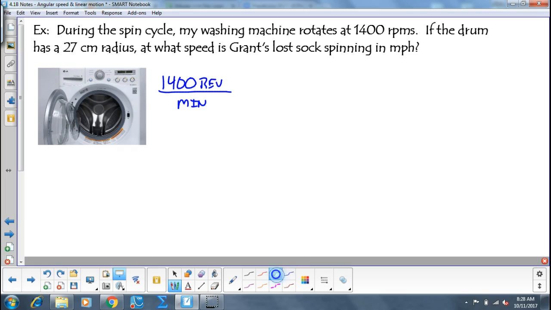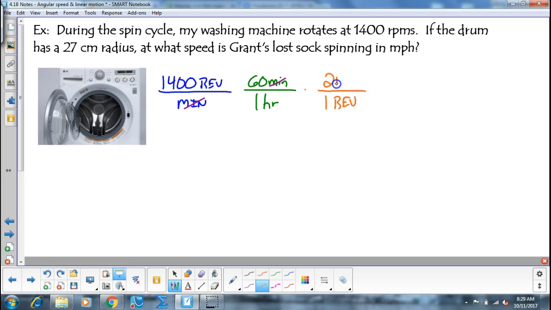There are 60 minutes in 1 hour, so now I'm in revolutions per hour. So I've got the hour part. Now I've got to get revolutions into miles. So 1 revolution is 2 pi radians.